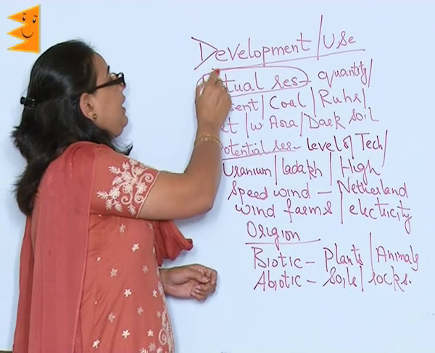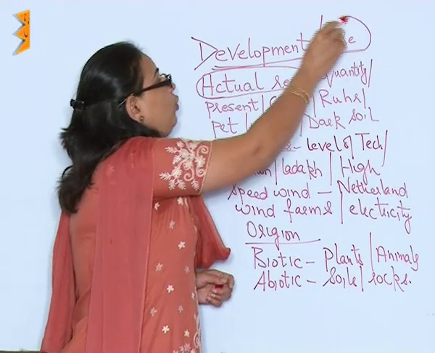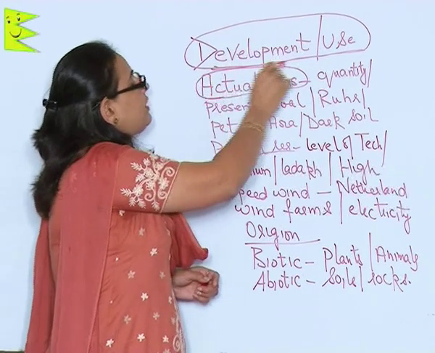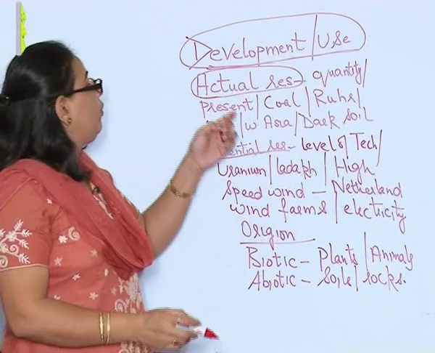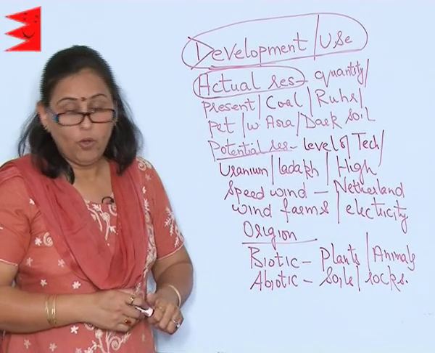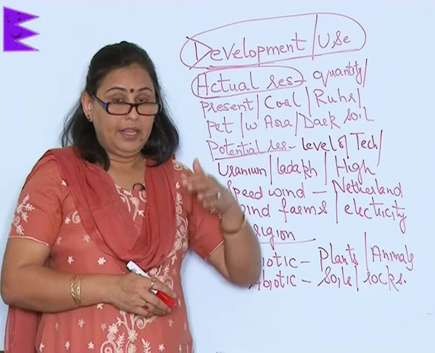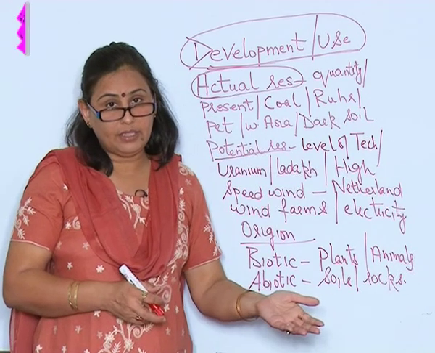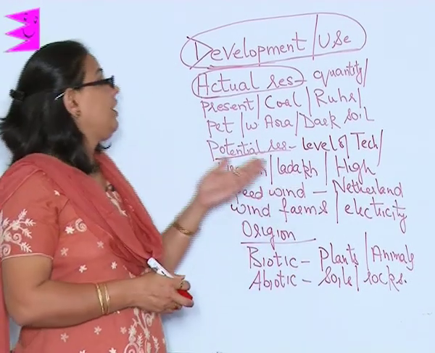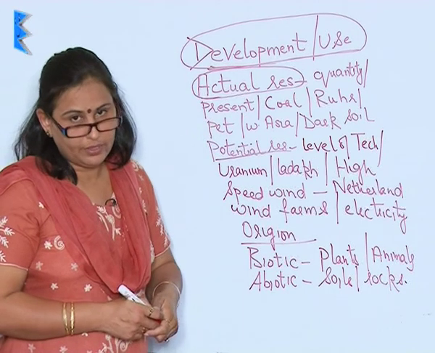So, the development and use of a resource can change it into an actual resource or a potential resource, and a potential resource with time changes into an actual resource.